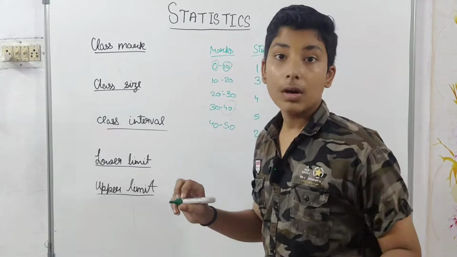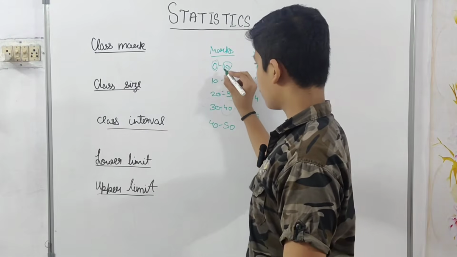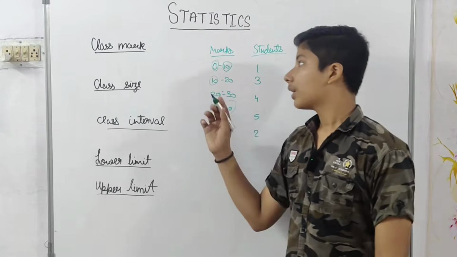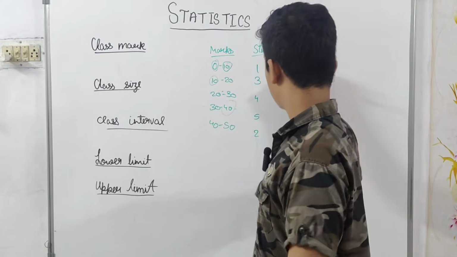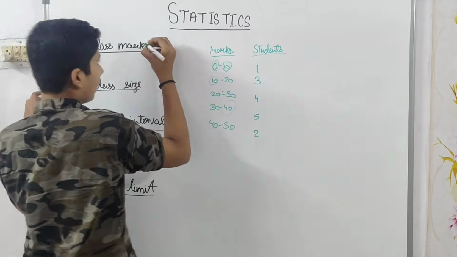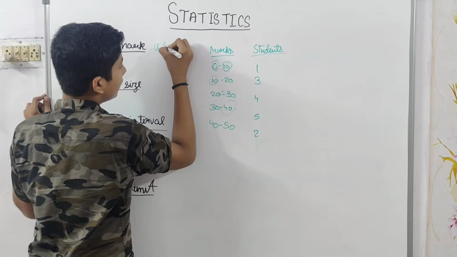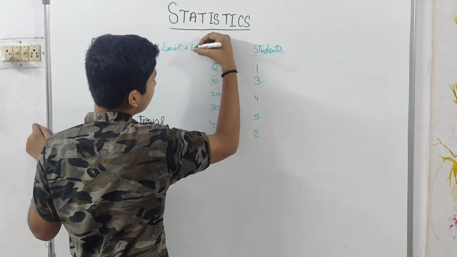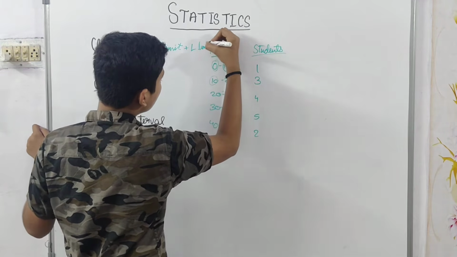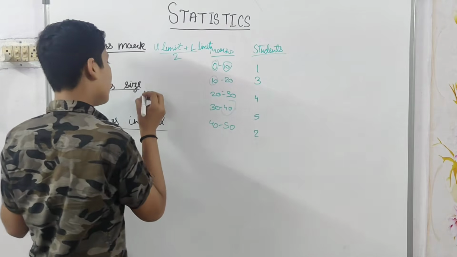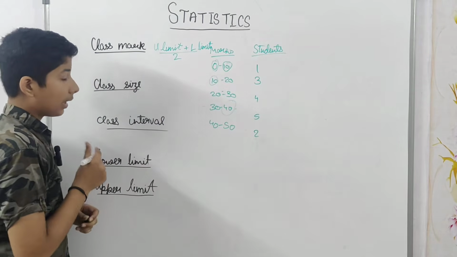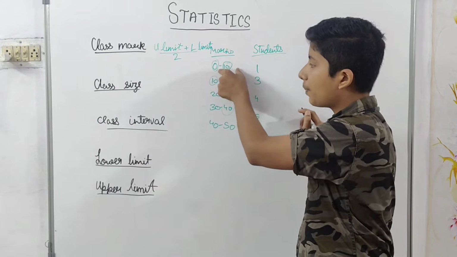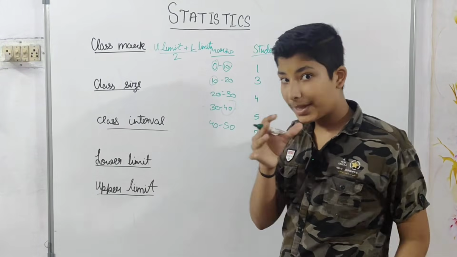And if he asks you the lower limit of the second one, the lower limit is this and the second one is this. Okay, now class mark will be upper limit plus lower limit divided by 2.